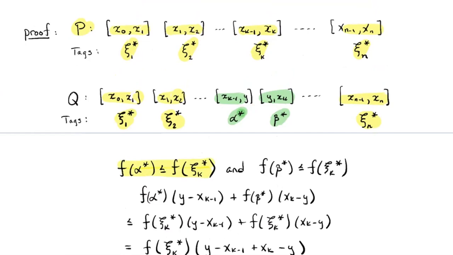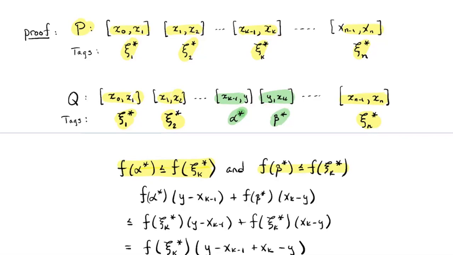C upper star is the input that gives the maximum over this whole interval, so in particular, that input would give something greater than or equal to the maximum over this subinterval. Likewise, f of beta upper star cannot exceed f of c_k upper star, because the interval from y to x_k is a subset of the interval from x_{k-1} to x_k.